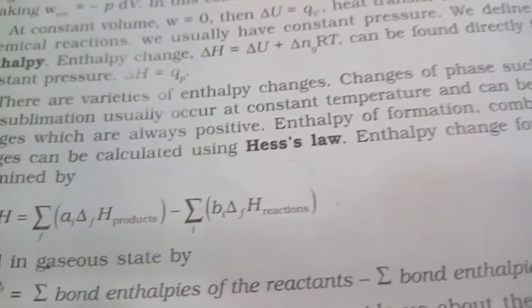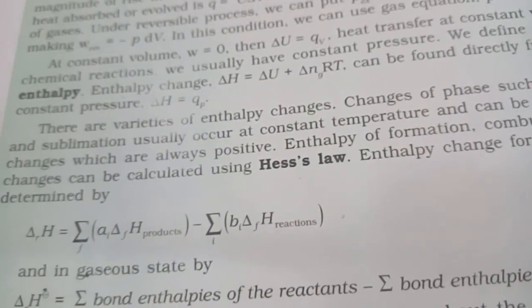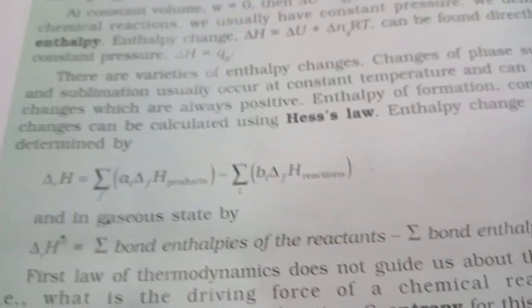There are varieties of enthalpy changes. Changes of phase such as melting, vaporization, and sublimation usually occur at constant temperature and can be characterized by enthalpy changes, which are always positive. Enthalpy of formation, combustion, and other enthalpy changes can be calculated using Hess's law.